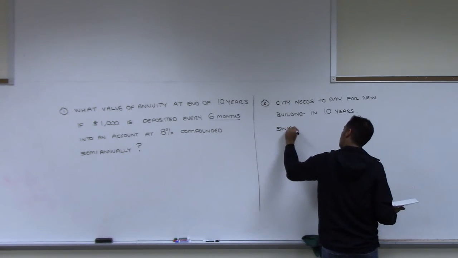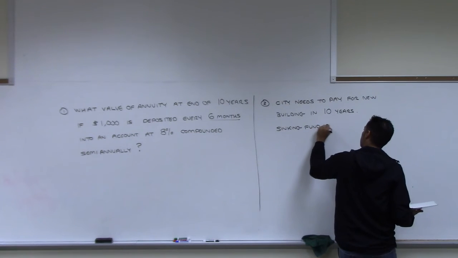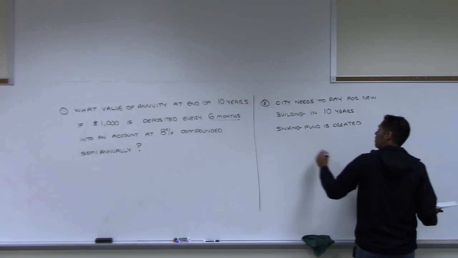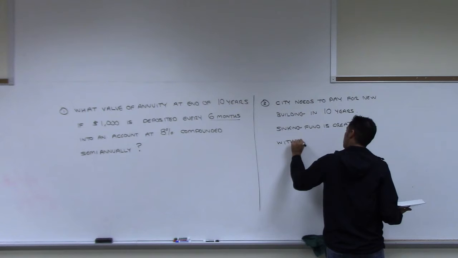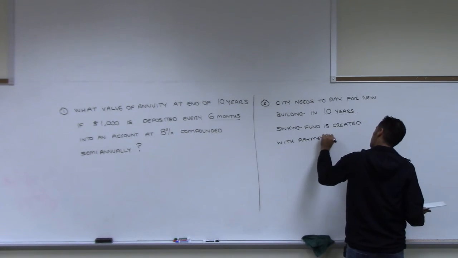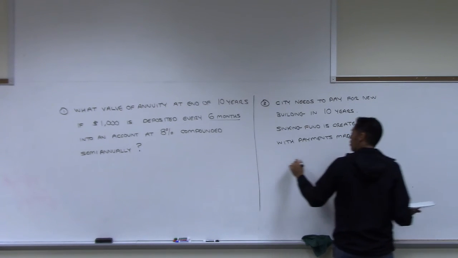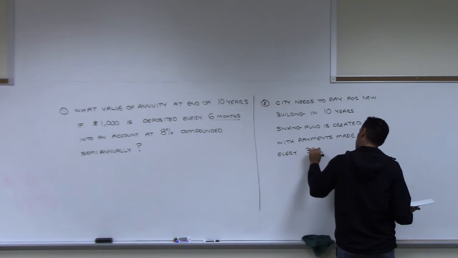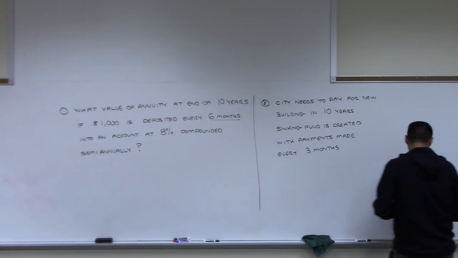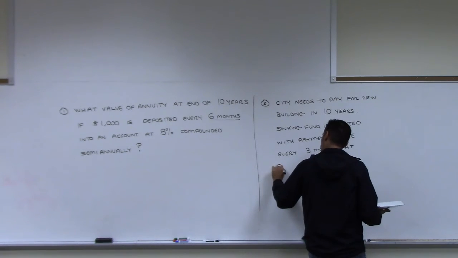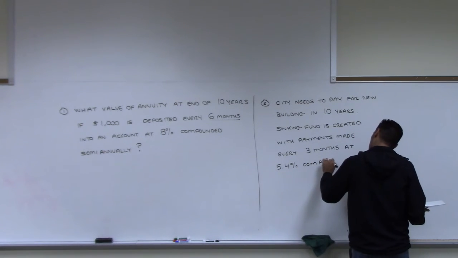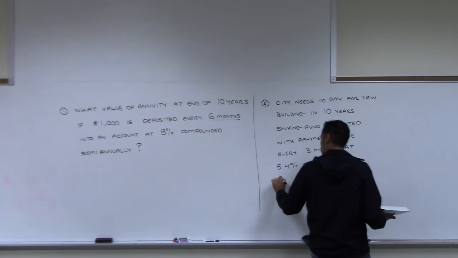A sinking fund is created with payments made every 3 months at 5.4% compounded quarterly.